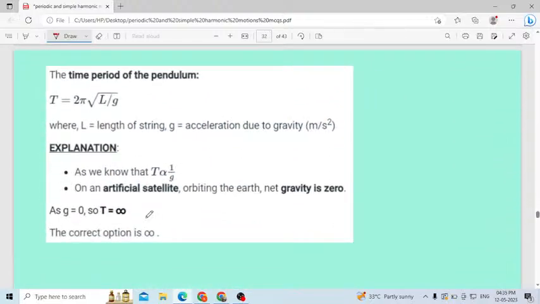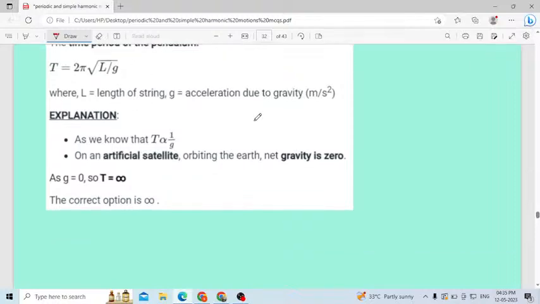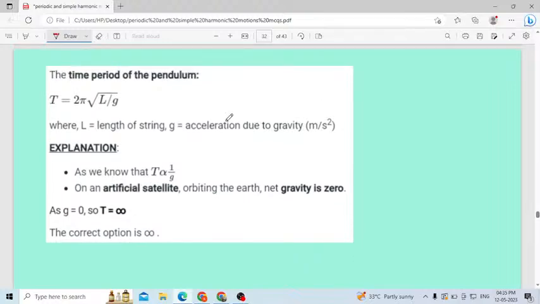Let us discuss here. You know the formula: time period of a simple pendulum T equals 2 pi root of L divided by g. L is the length of the string, g means acceleration due to gravity. T is directly proportional to the square root of length, inversely proportional to root g. For an artificial satellite orbiting the Earth, net gravity will be 0.